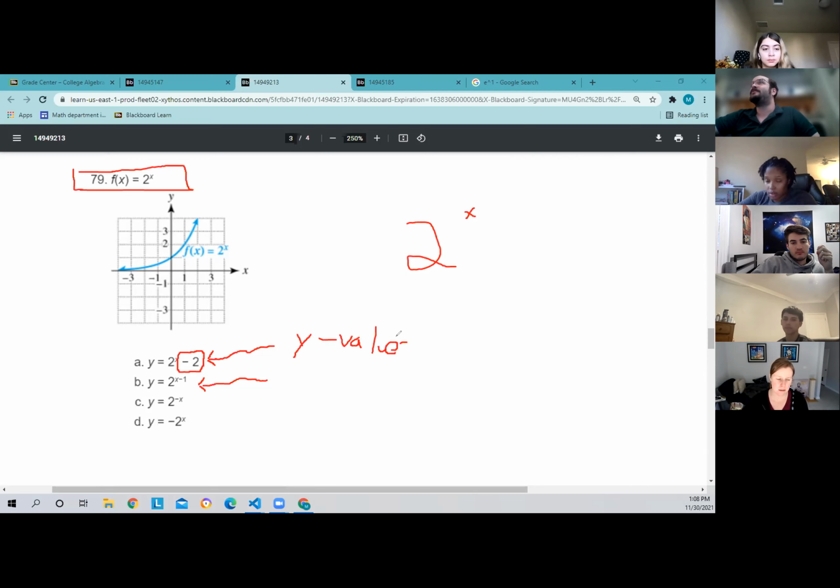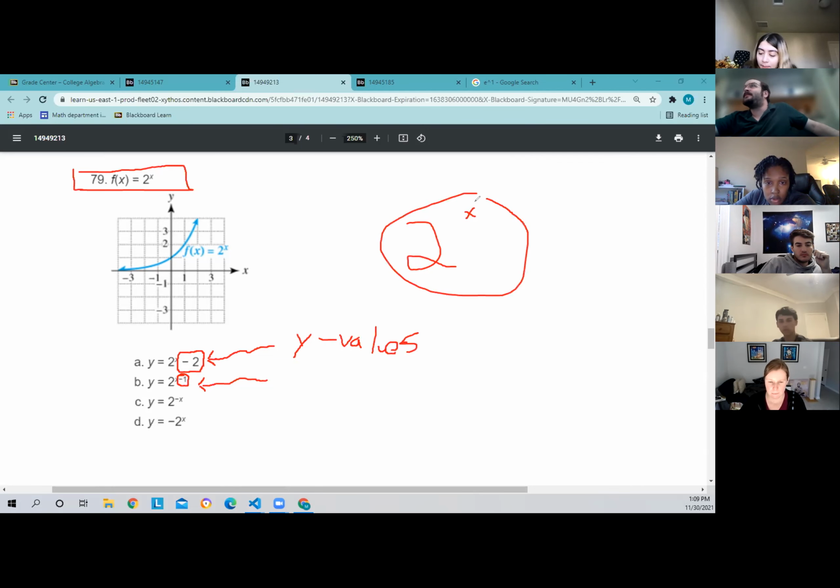So this transformation should be affecting my y values. Versus something like this, I see a -1. Is that on the inside or outside? On the inside. It's happening right here on the inside. We're throwing a -1 on the inside of this 2 to the x. And if that happens on the inside, that's happening to my x. Okay.